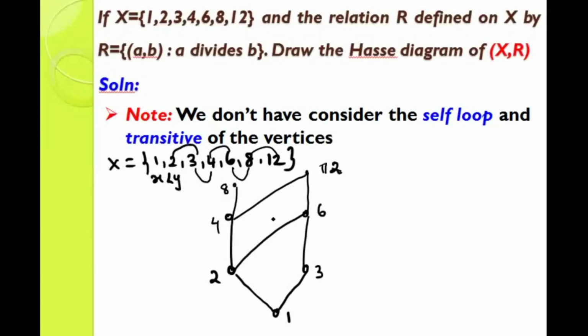So 4 also divides 12. If you connect 2 to 12, you get the transitive property, so you don't connect. 1 also divides 12, but if you connect 1 to 12, you get the transitive property. That means 1 to 3, 3 to 6, 6 to 12, so 1 to 12 is not needed. Okay, so therefore, this is the Hasse diagram for the given set capital X equals 1, 2, 3, 4, 6, 8 and 12.